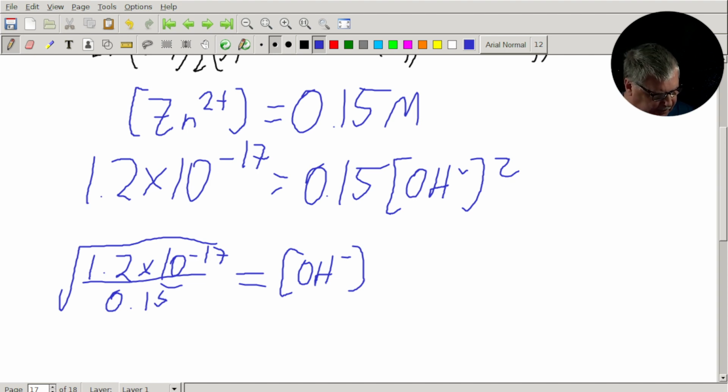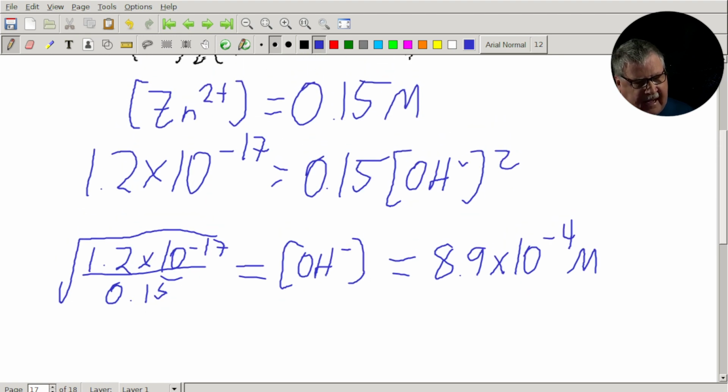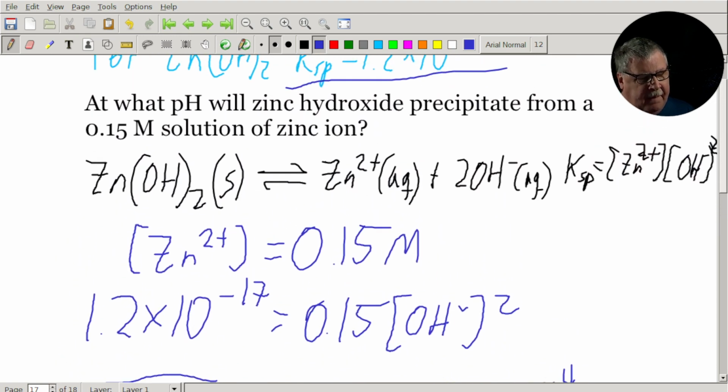So, 8.9 times 10 to the negative 4th, you say? Okay. So that's the minimum hydroxide ion concentration we need to precipitate out zinc hydroxide.